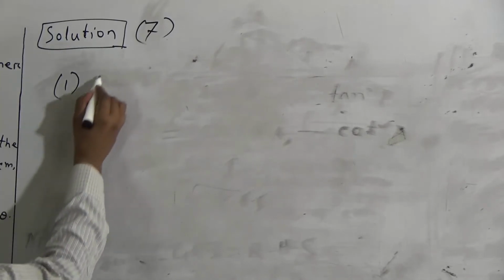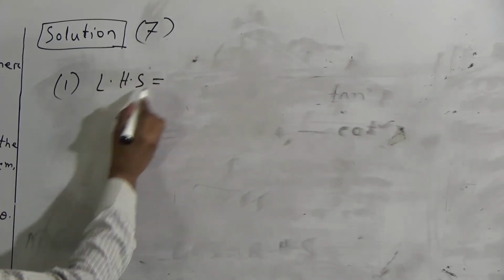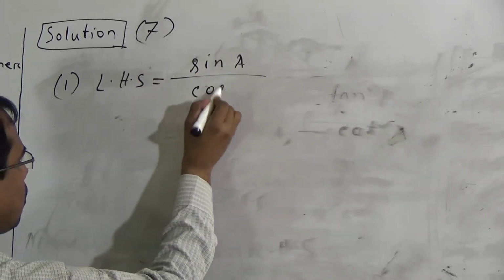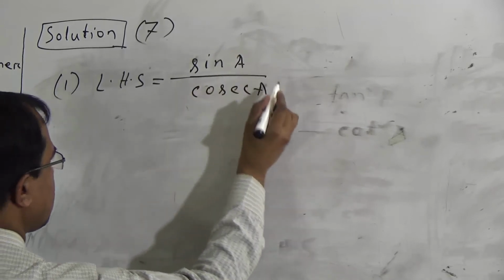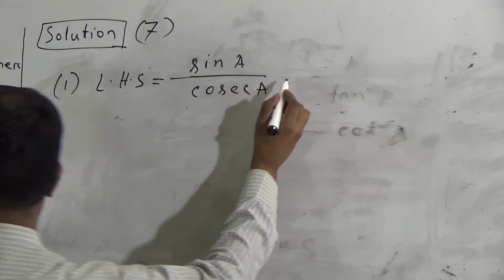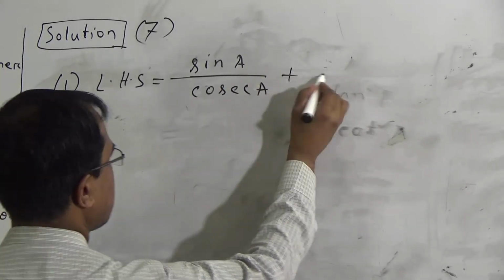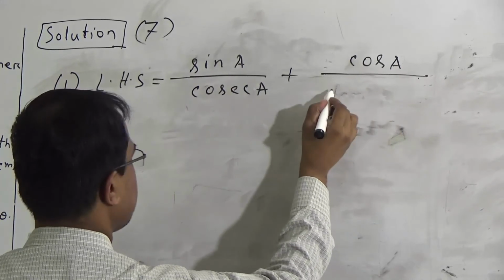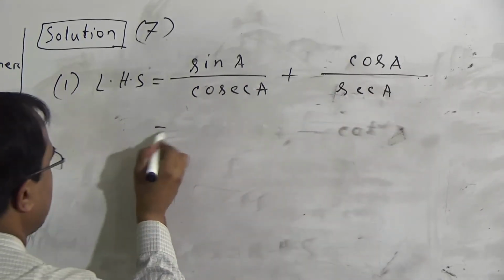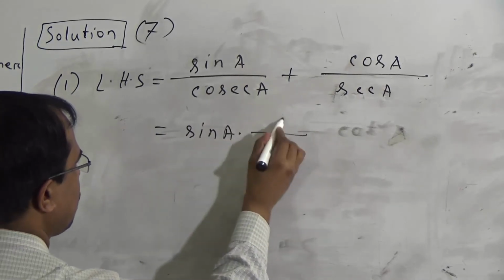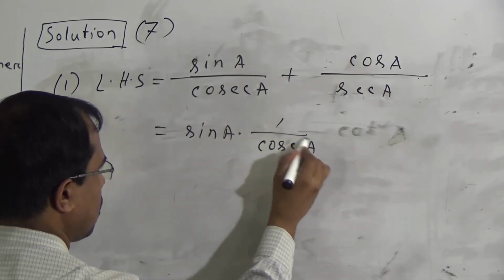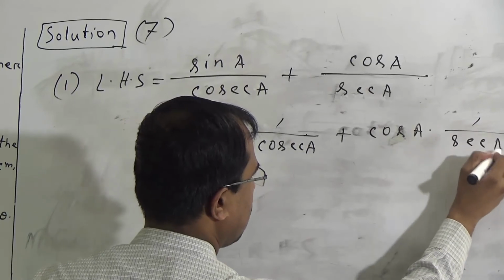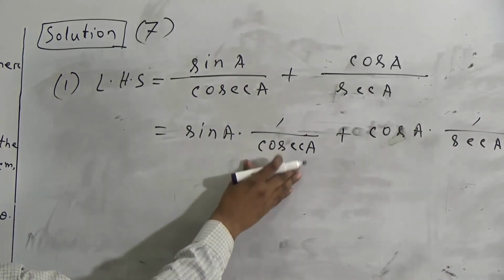Here the left hand side is sin A by cosec A plus cos A by sec A. Here we can write sin A into 1 by cosec A plus cos A into 1 by sec A. If we multiply sin A with 1 by cosec A, then we can get it.